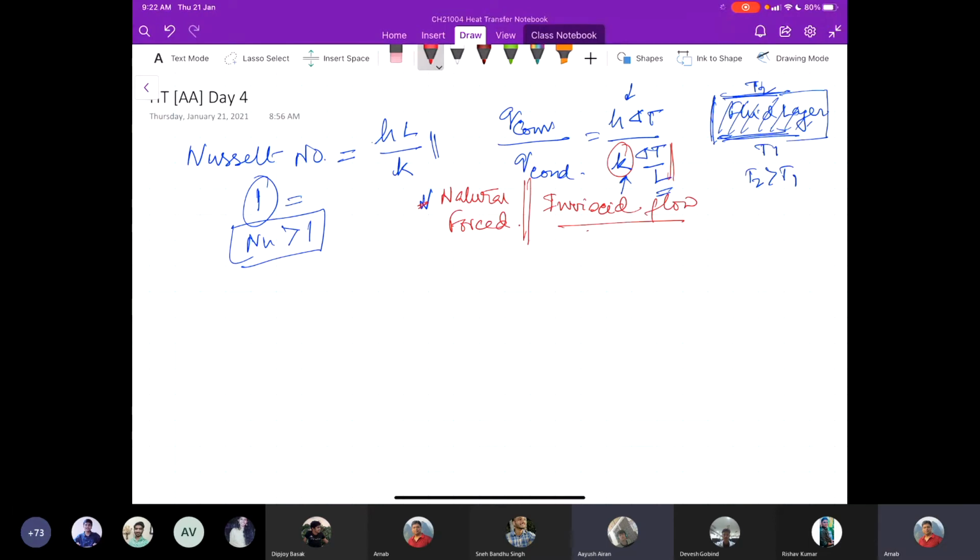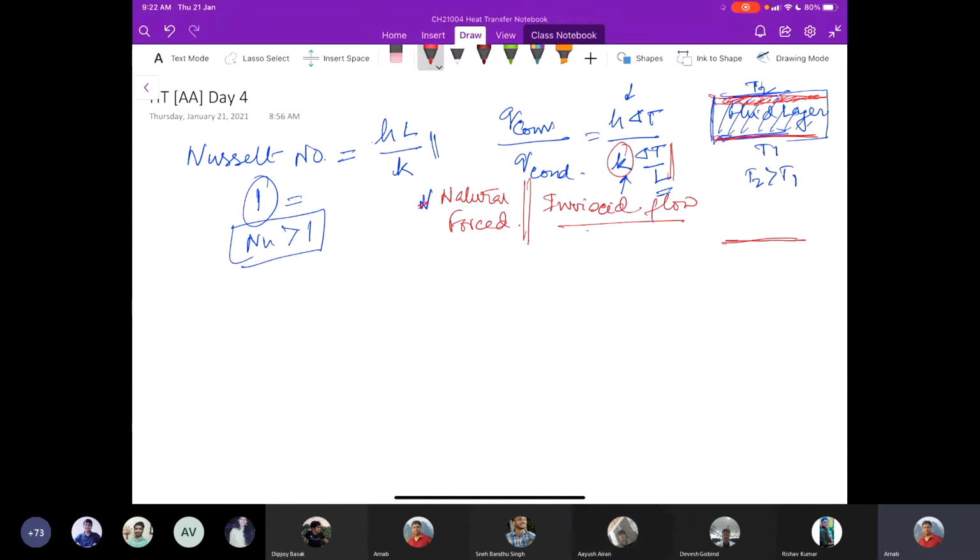It includes conduction as well as advection, both of them. Okay. So in this scenario, say this is the higher temperature, T2 is greater than T1. Near the surface, where we are applying this equality, the heat transfer by Fourier's heat conduction is equal to Newton's law of cooling.